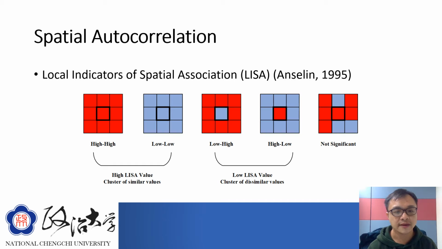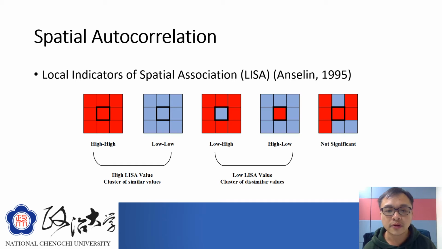If you start from the left, we focus on one country. If that country has a really low corruption level, with high integrity, and all its neighbors are also not corrupt, then it will be categorized as high. Same for low.